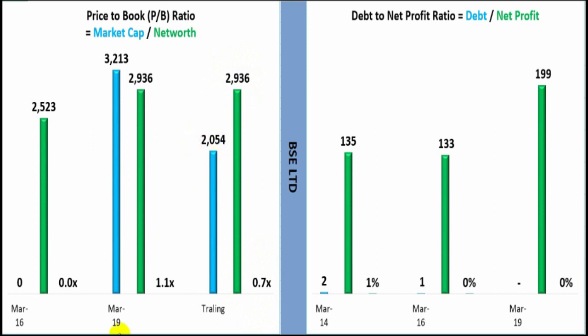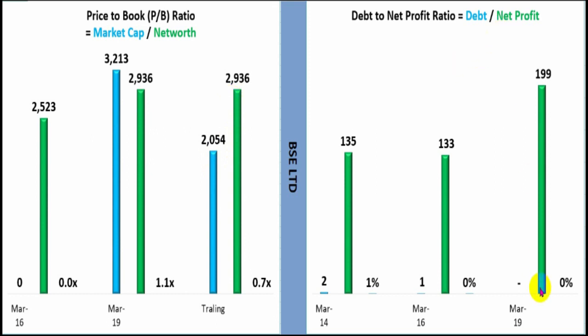Earlier in March 19, the price to book ratio was 1.1 times, and even that was quite reasonable, although in the recent 12 months we are getting it at a discount. This happens when the market participants don't feel that the company is worth what it is saying in its books.